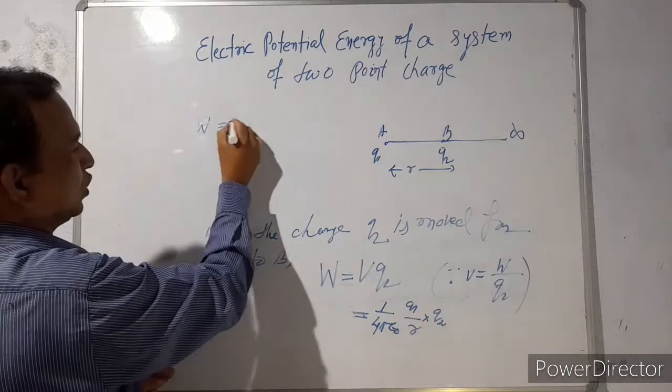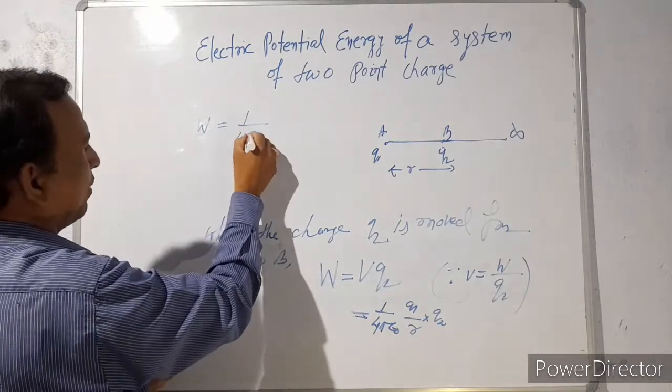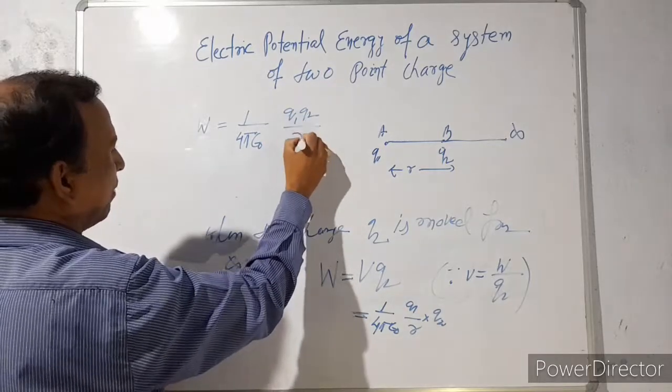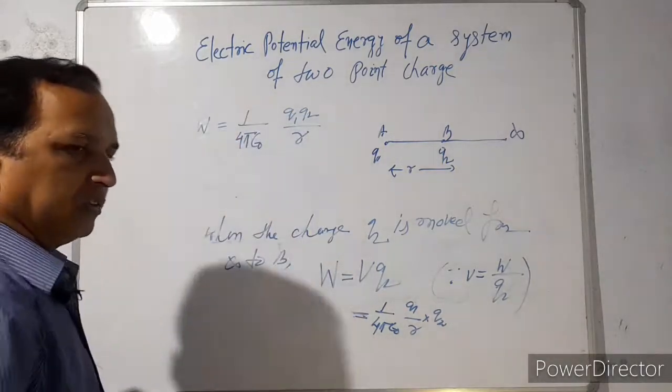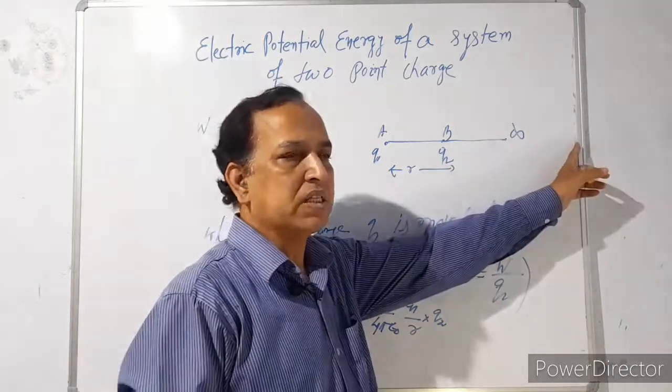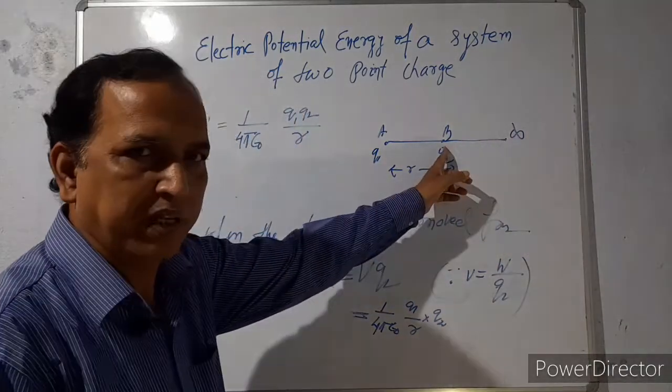So W is equal to 1 by 4 pi epsilon naught Q1 Q2 by R. This is the amount of work done when the charge Q2 is moved from infinity to that point B.